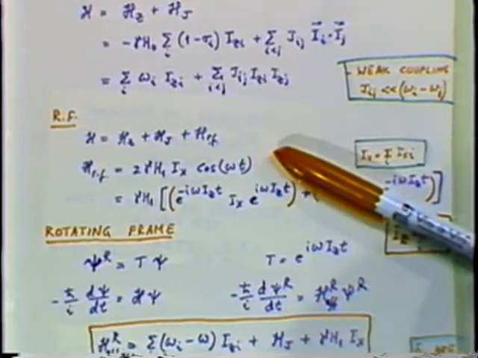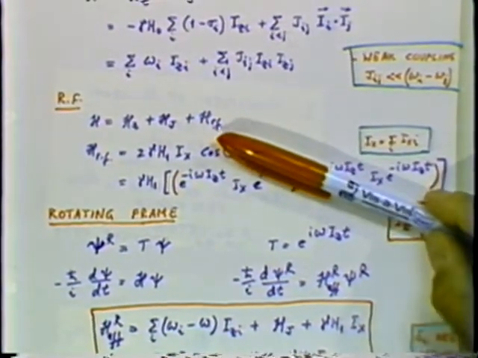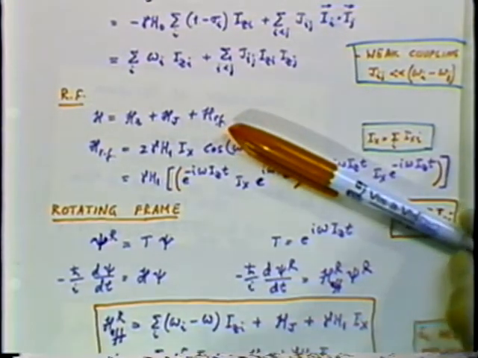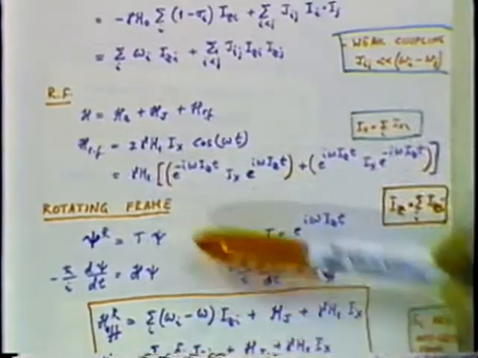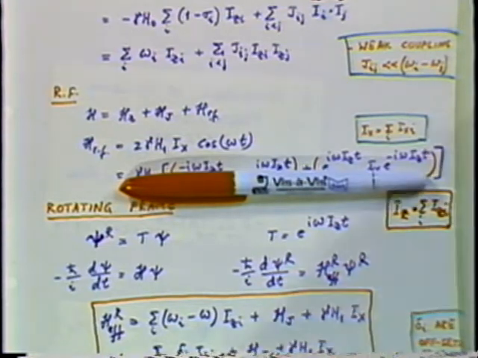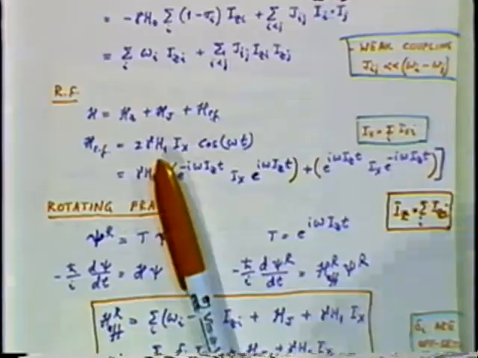In the presence of a radio frequency, you have an additional term in the Hamiltonian, and I represent it as a radio frequency term. It is an oscillating term with the frequency omega and amplitude gamma h1, applied along the x-axis of the laboratory frame.